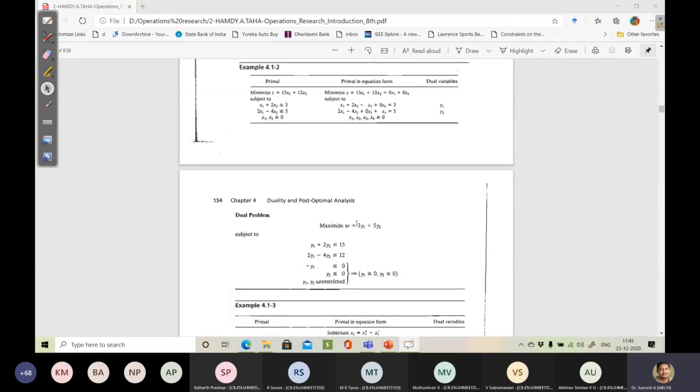This is a foreign author book. In all the foreign author books, they will not use S1, S2, X1, A1, A2. They will write everything in terms of X itself. To differentiate and for you to understand, we are going for these separate notations.